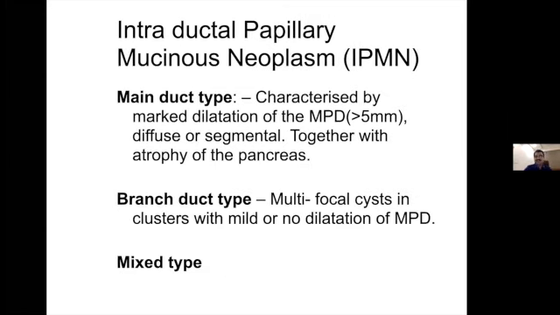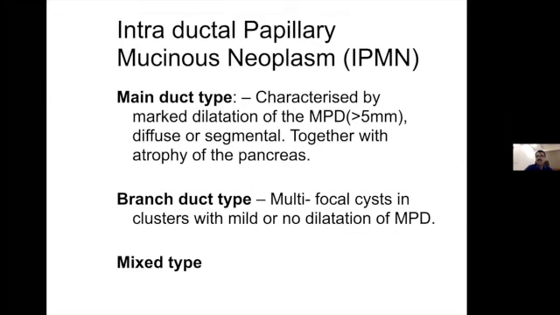Basically, there are 3 types described. One is the main duct type, characterized by dilatation of the main pancreatic duct of more than 5 millimeters, which may be diffuse or segmental, together with atrophy of the pancreas. The branch duct IPMN characteristically will show multifocal cysts in clusters, just like a bunch of grapes, with mild or no dilatation of the main pancreatic duct.